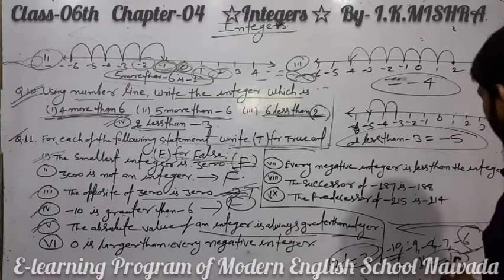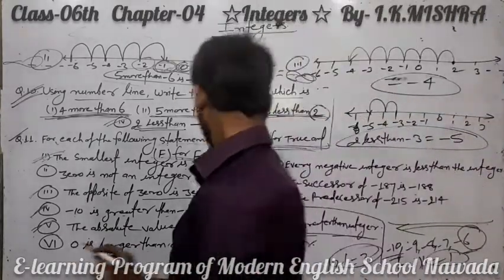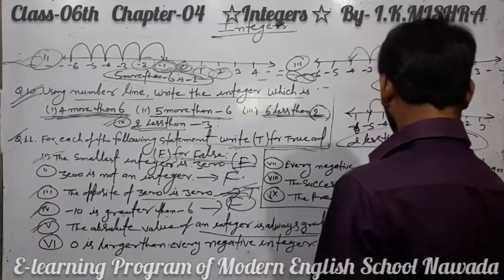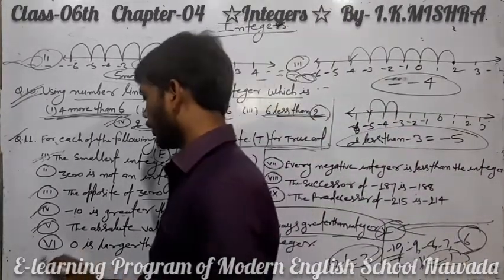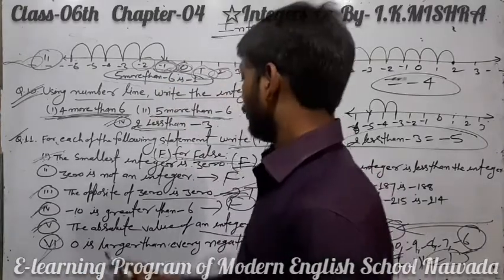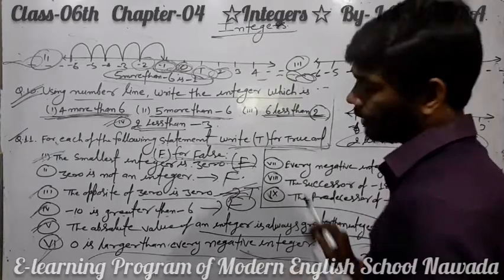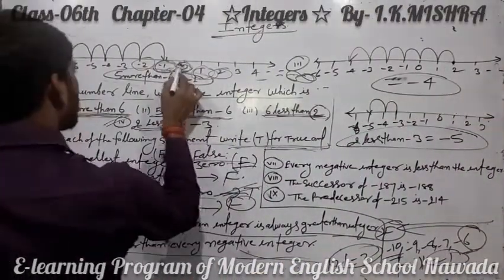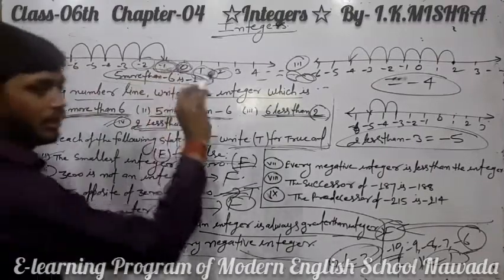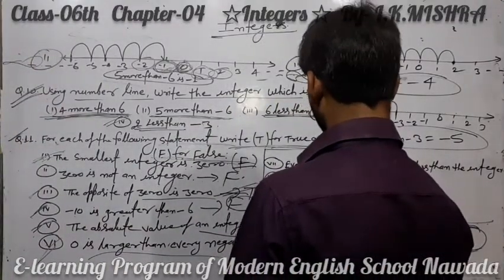Here in this case it is larger, but not always. So this statement is also false. Now in question number 6, 0 is larger than every negative integer. Yes students, observe, 0 is larger than every negative integer. So this statement is true.